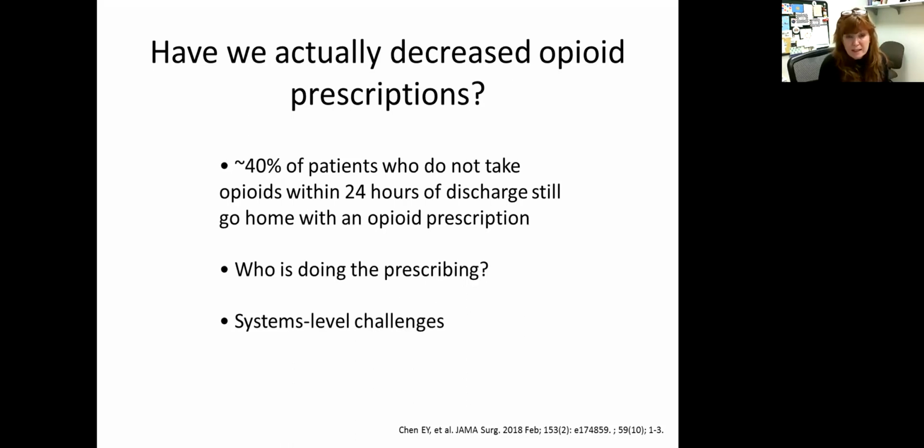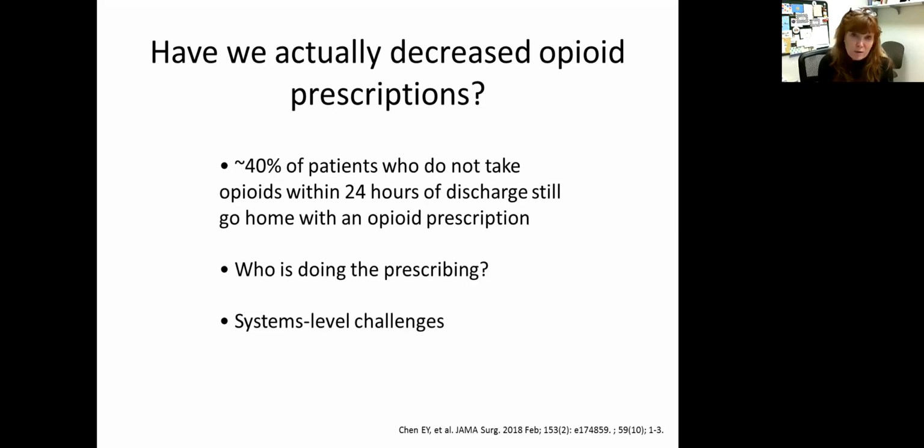There was a study that looked at patients who had not been prescribed an opioid in the last 24 hours, but almost 50% of those patients were prescribed opioids on their discharge.